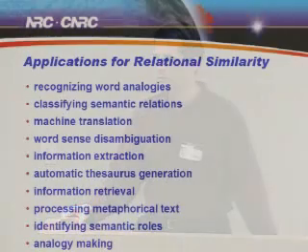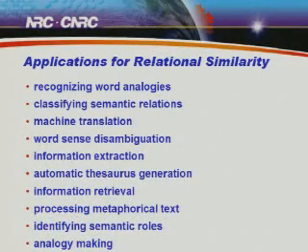Semantic orientation is whether a word is positive or negative. Like the word honest is a positive word. The word criminal is a negative word. You can tell the orientation of a word if you have a measure of attributional similarity. Grading student essays, measuring textual cohesion, thesaurus generation, word sense disambiguation. There's lots of things you can do with a measure of attributional similarity.